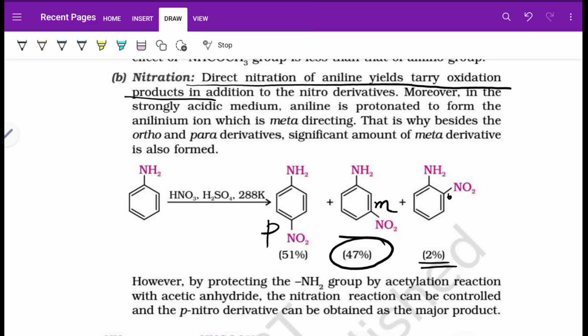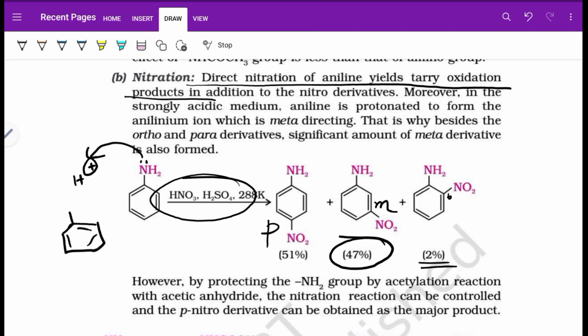Why is it so? Because in this acidic medium, aniline is basic in nature, there is proton abstraction and it forms the anilinium ion. And finally, this anilinium ion which you are getting is NH3 plus.